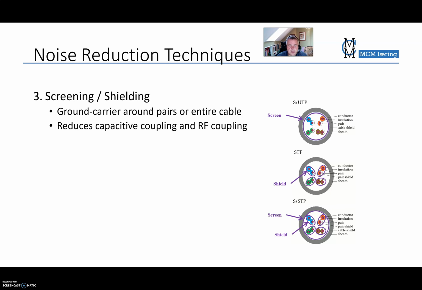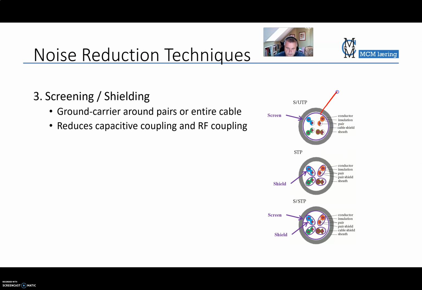You can use shielding, and you have something called overall shielding, or you have shielding of the individual pairs in a cable like that. And this one is commonly used to avoid radio frequency coupling, and this one reduces the capacitive coupling, because what happens in this conductor doesn't determine what happens in the other conductive pair.